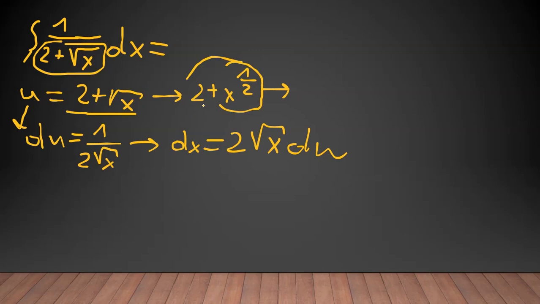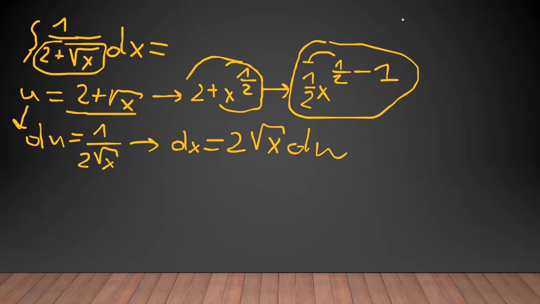So what we do is we take x and then we take 1/2 minus 1. And of course we move this exponent here as well. That's the power rule for derivatives, which I taught you in a previous video, which says the derivative of x to the n is n times x to the n minus 1.